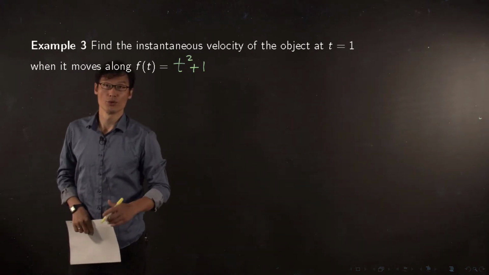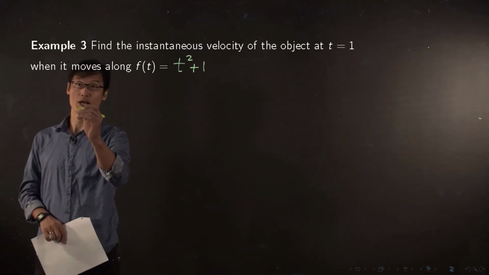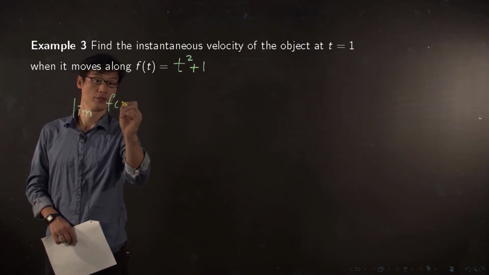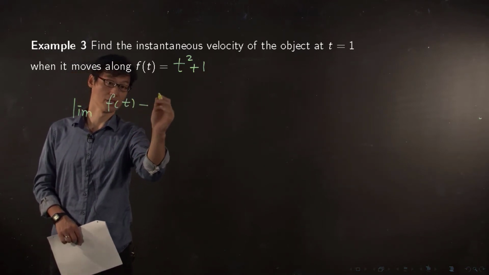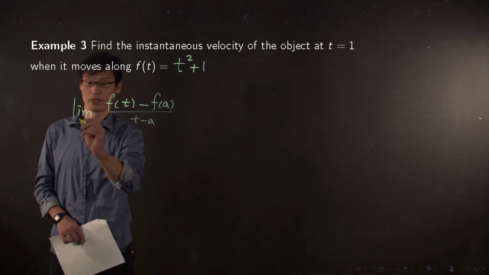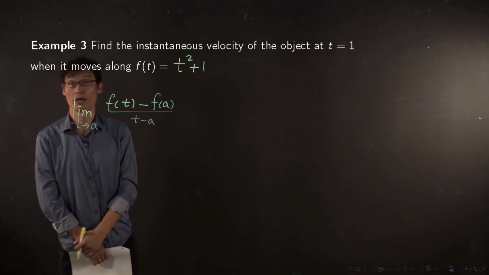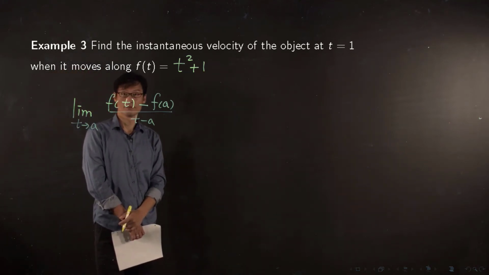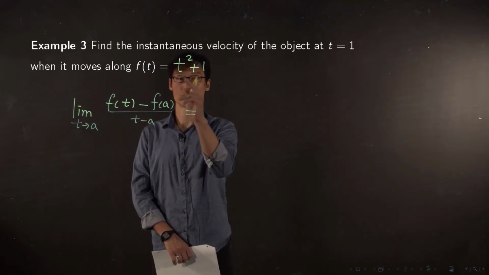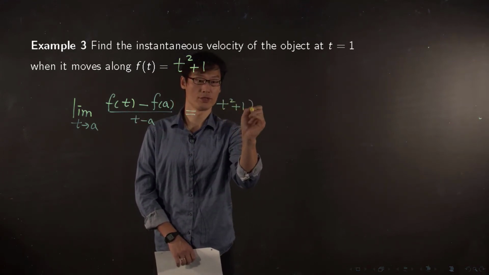Okay, so by definition, instantaneous velocity is the limit of f of t minus f of a over t minus a, as t tends to a. I'm repeating the definition. So f of t is t squared plus 1.